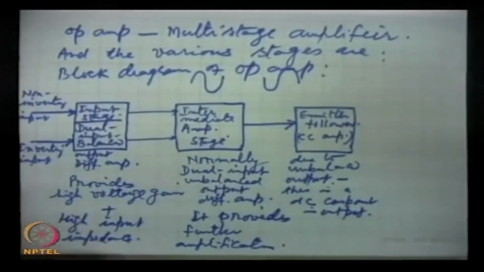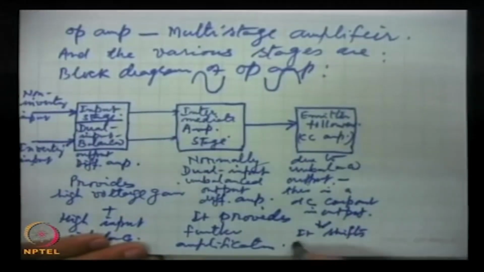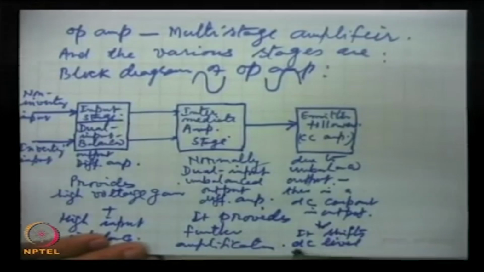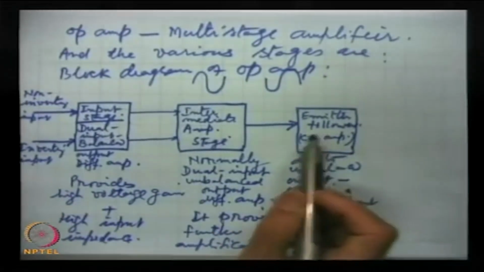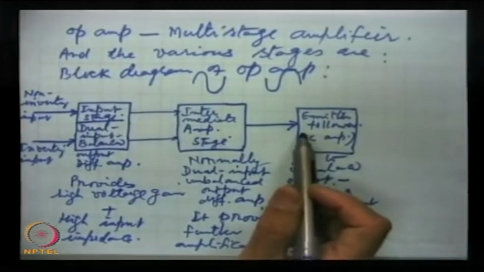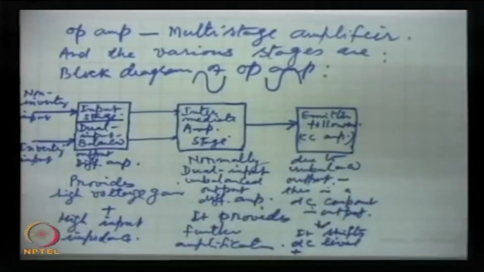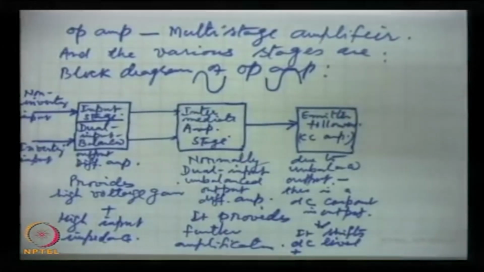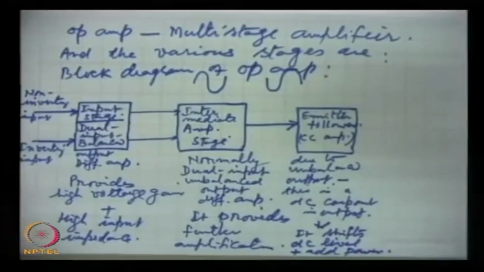So, it shifts the DC level, plus adds power. You remember the emitter follower we studied in detail, that there is no voltage gain, but there is a current gain. So, there is a power gain, because power gain is the product of current gain and voltage gain. So, it adds power to the signal.